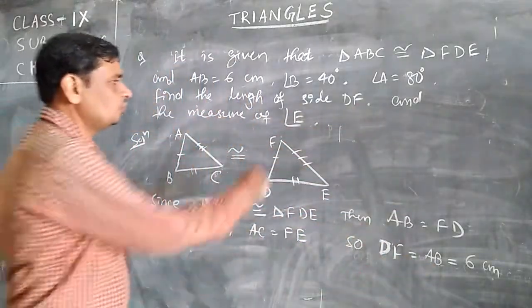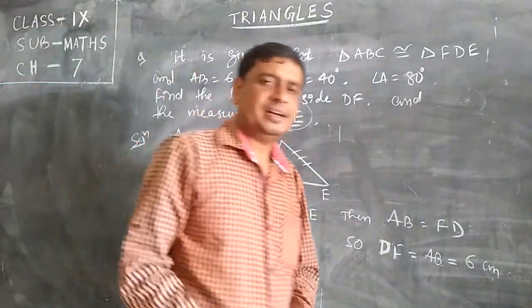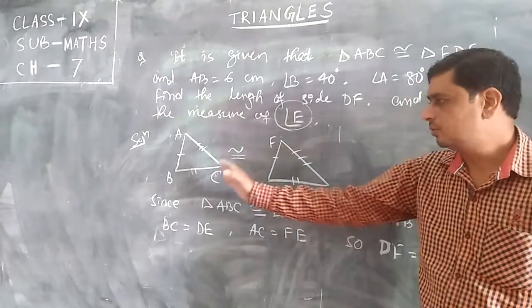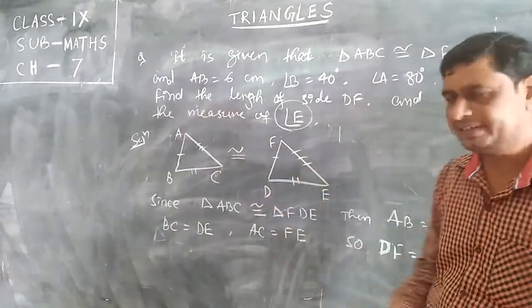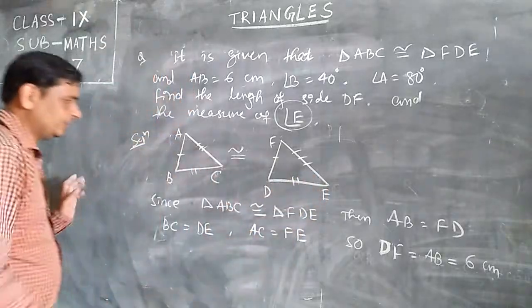Next, we have to find angle E. We will compare which corresponding angles are equal when two triangles are congruent.